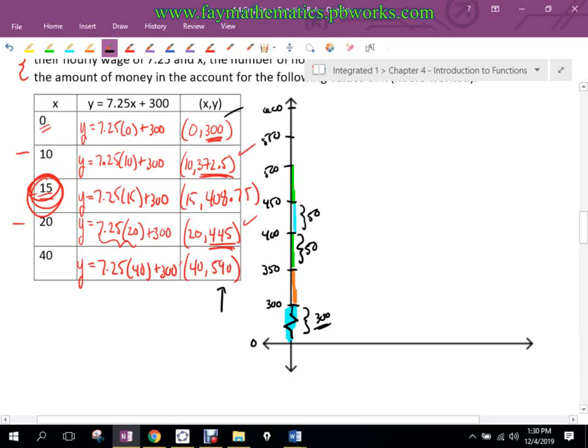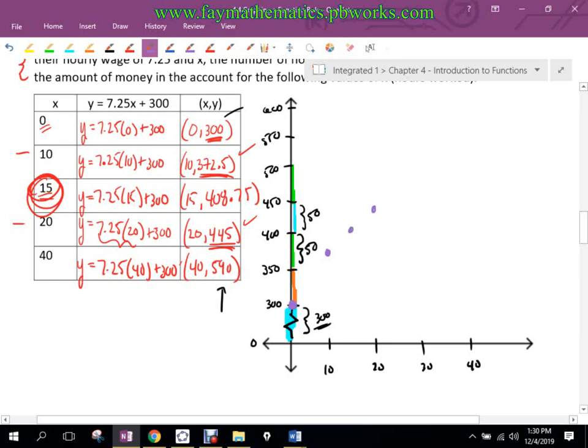Okay? My x-axis, maybe I go by tens. If you were to plot these points, 0, 300 is right there. 10, 372 and a half would be, kind of a guesstimate here, maybe there. 20, 445, maybe about right there. 15, 408, maybe about right there.